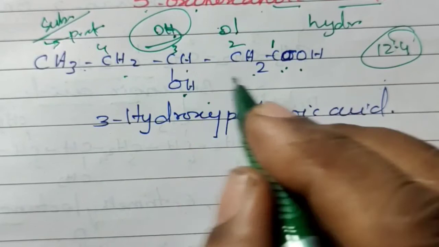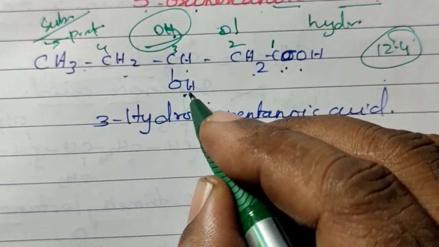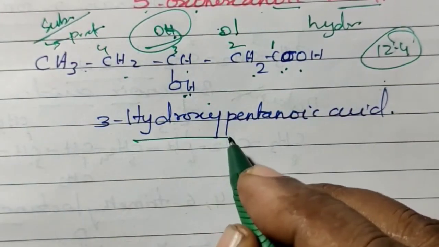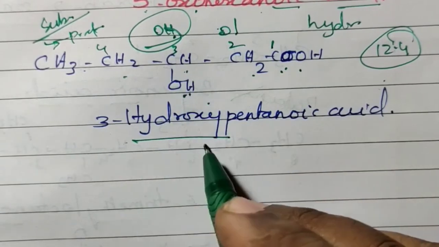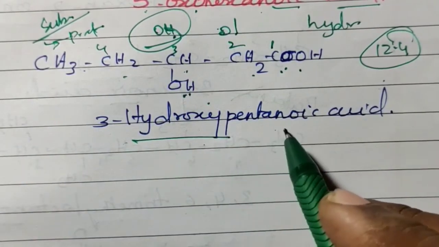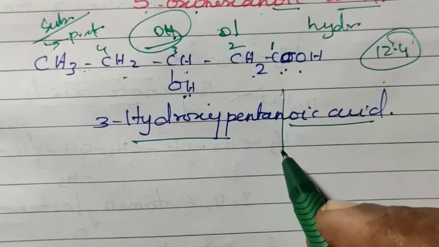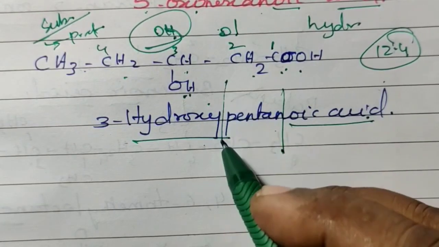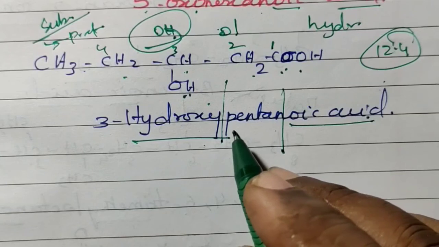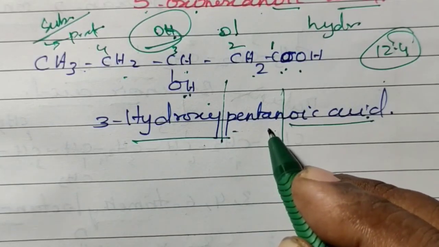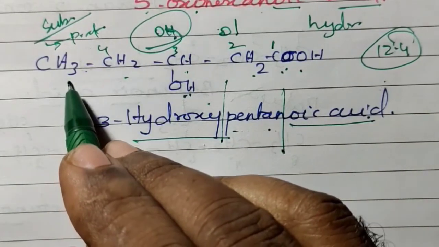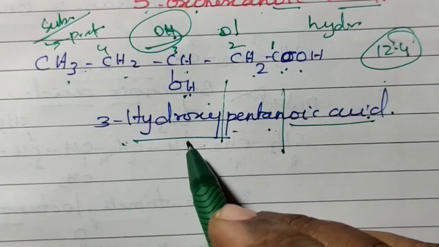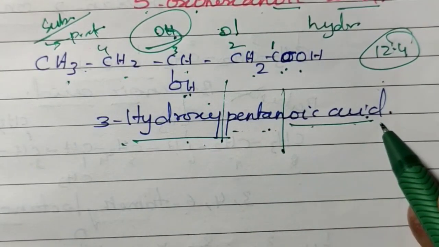So the third position contains the OH group. OH group means its name is hydroxy. So 3 hydroxy pentanoic acid. Oic acid indicates the suffix. 3 hydroxy indicates the prefix. This indicates the root or parent. So the IUPAC name of the given compound is 3 hydroxy pentanoic acid.